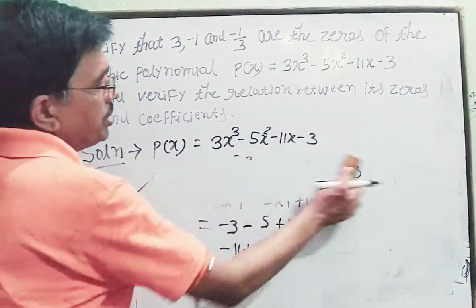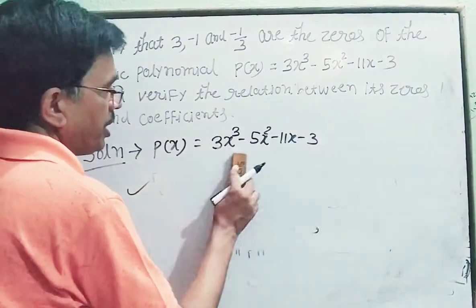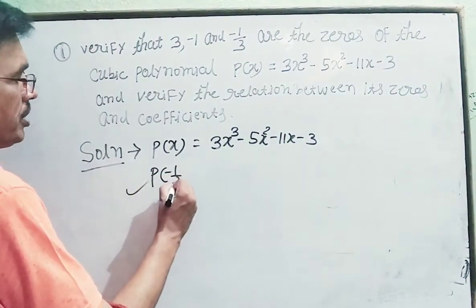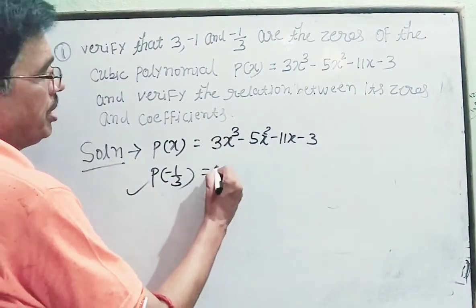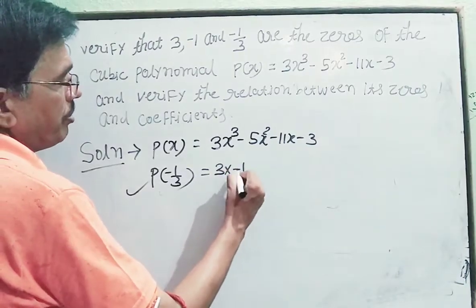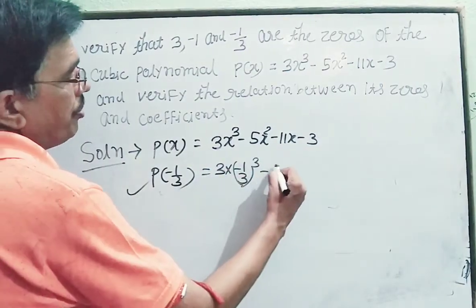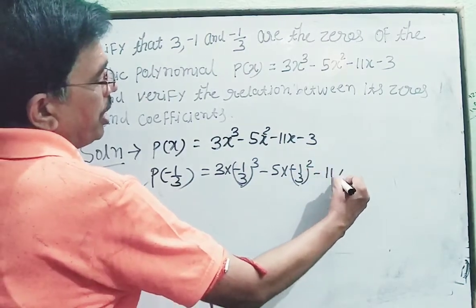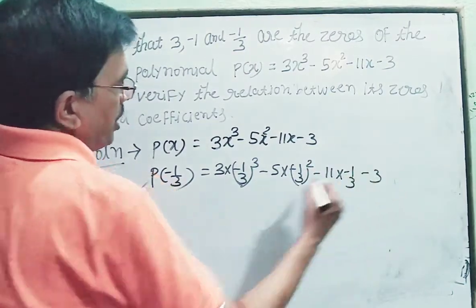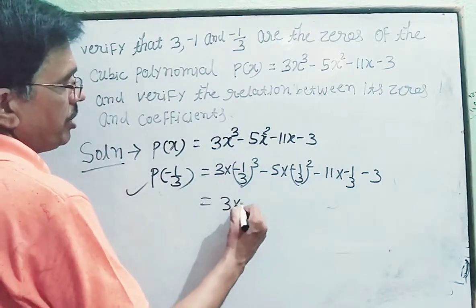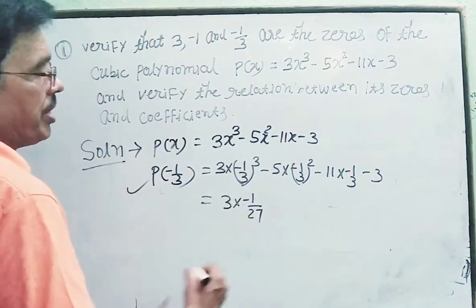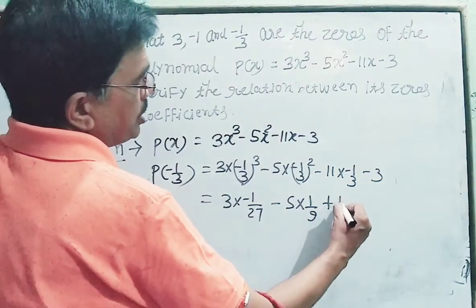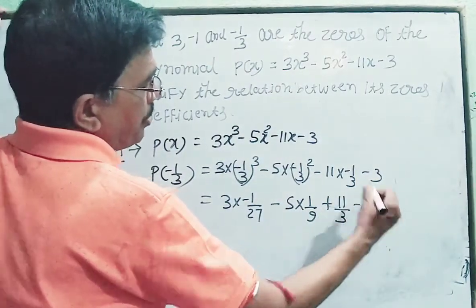Third, your question is minus 1 by 3. So dear student, now we will put here minus 1 by 3. Then 3 into (minus 1 by 3) to the power cube, minus 5 into (minus 1 by 3) square, minus 11 into minus 1 by 3, minus 3. Then it is 3 into minus 1 by 27, minus 5 into 1 by 9, and plus 11 by 3, and minus 3.